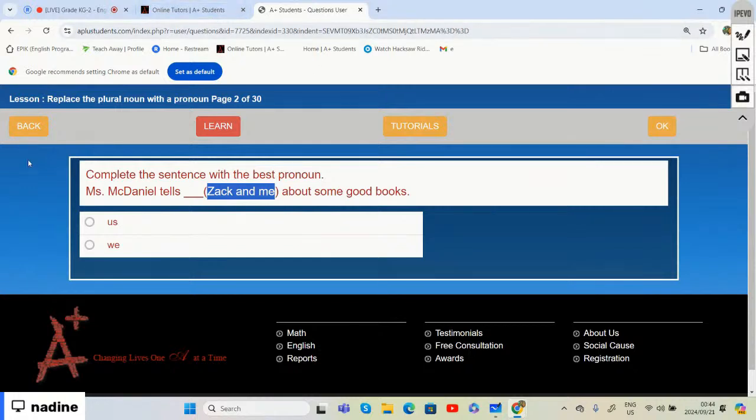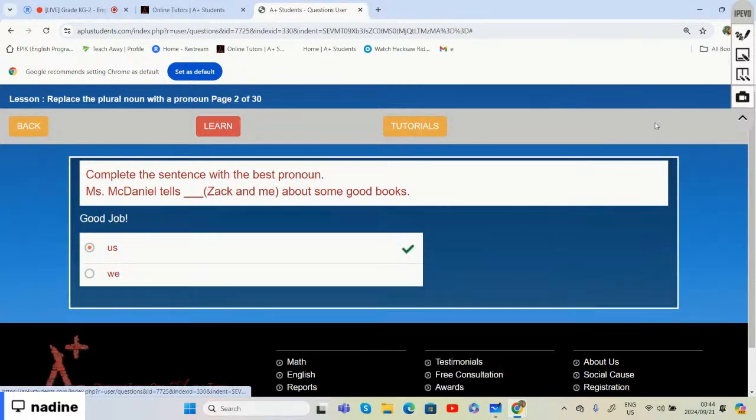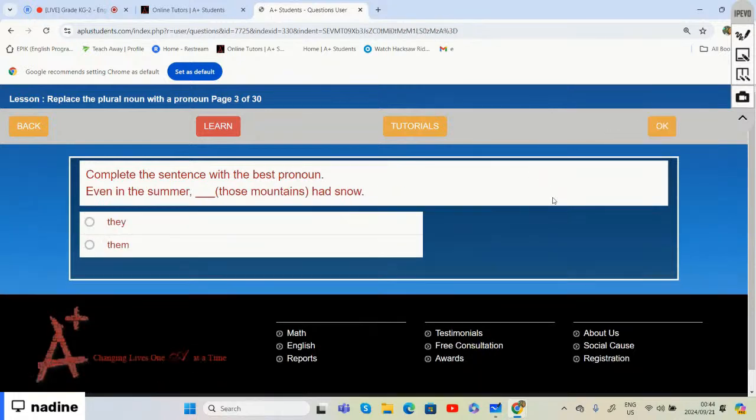And if we choose the correct option, we can say Miss McDaniel tells us about some good books. Us.